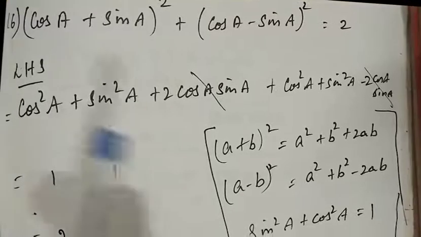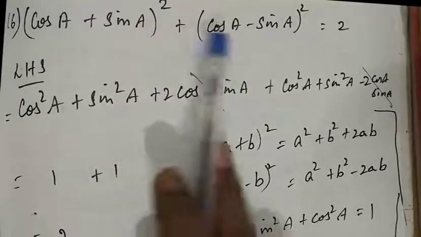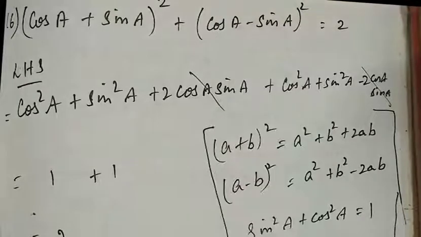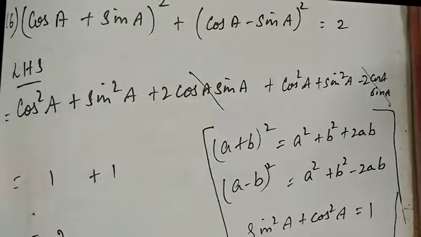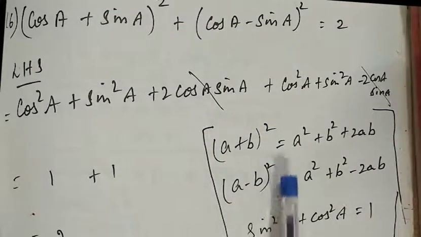16th one. Cos A plus sin A whole square plus cos A minus sin A whole square is equal to 2. So, take left hand side, and it is forming the identities A plus B whole square and A minus B whole square.